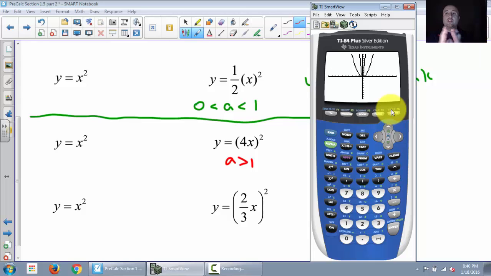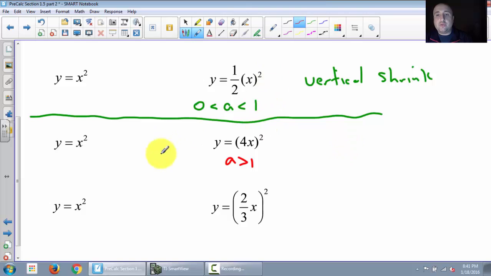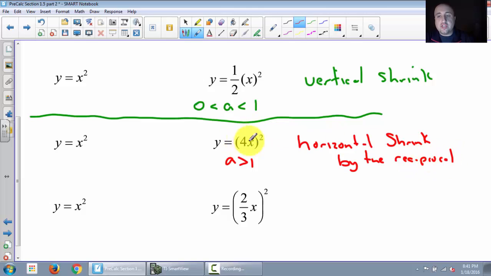Okay, so it's a horizontal shrink. All right, so when you attach a number directly to the x and it's bigger than 1, it is called a horizontal shrink by the reciprocal. So it's really shrinking it by 1/4.